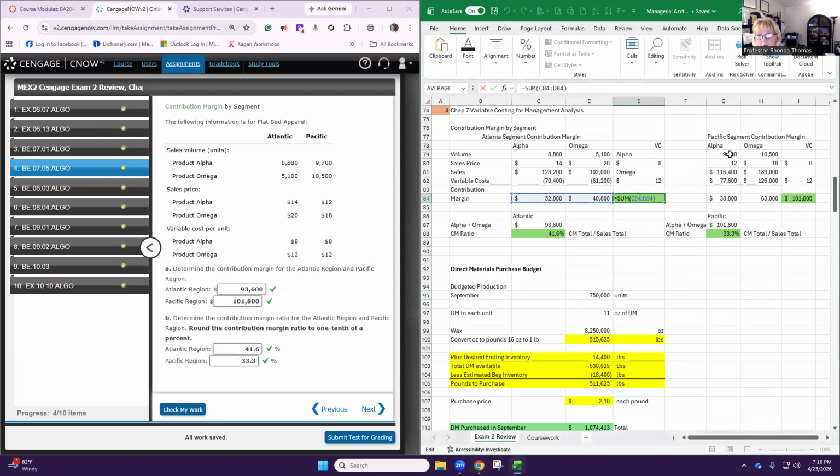For Pacific, it looks like 9,700 is for Alpha and 10,500 is for Omega. They've got $12.18 for the sales price. So there are the total sales. And then we are going to put this in as a negative to follow the same pattern that we have been doing.